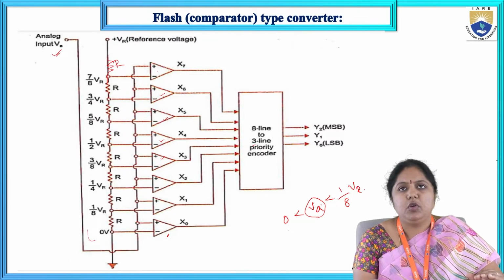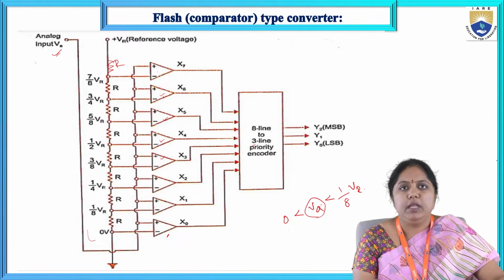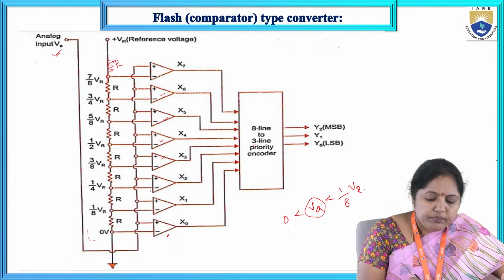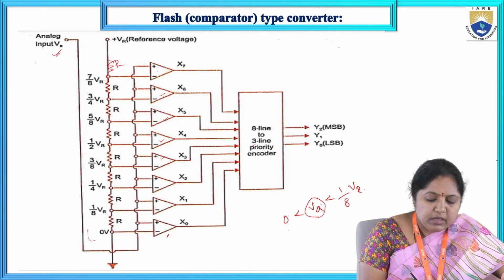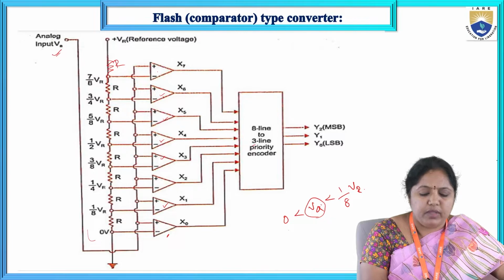So if it is 0 to VR by 8, now which comparator output is logic 1 and which comparator output is logic 0? If you see here, coming for this X1 comparator, the negative potential value is nothing but 1 by 8 into VR.